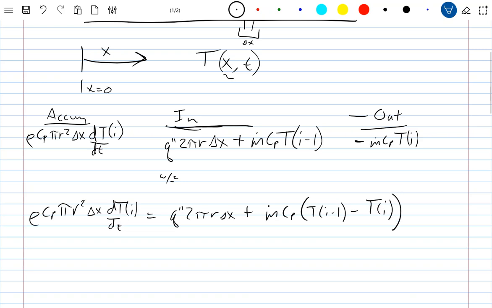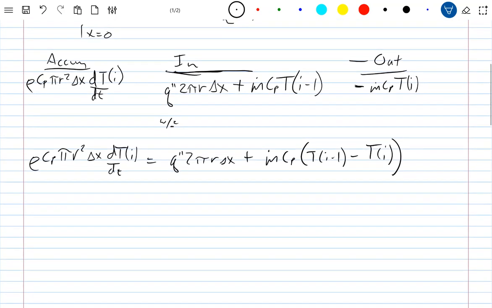So if we wanted to solve this numerically using some kind of software, we would want to solve for dTi/dt explicitly. So we would get dTi/dt is equal to this whole right-hand side divided by this remaining part of the left-hand side.